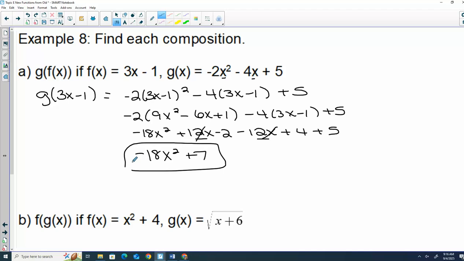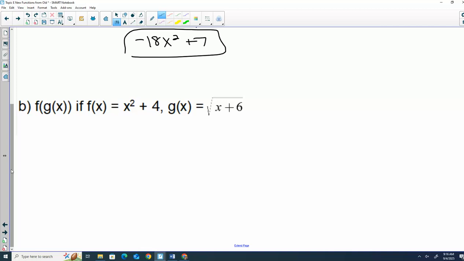If we look at b, so g of x is the square root of x plus 6.